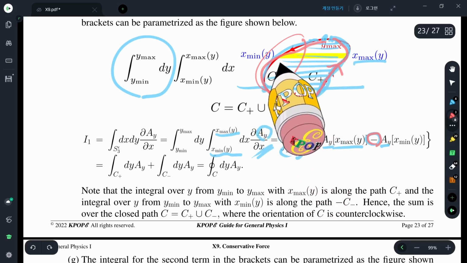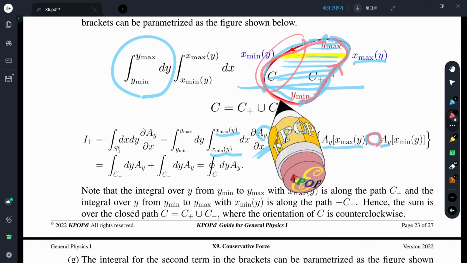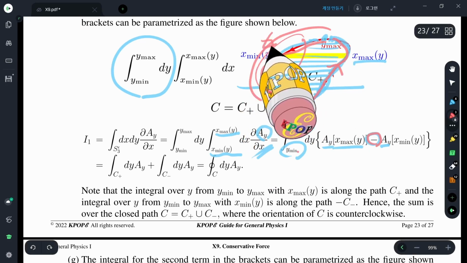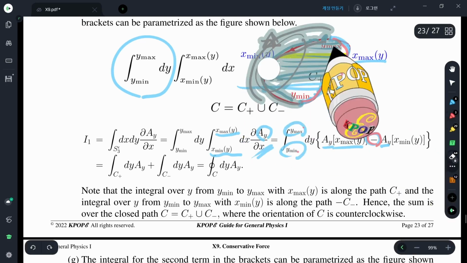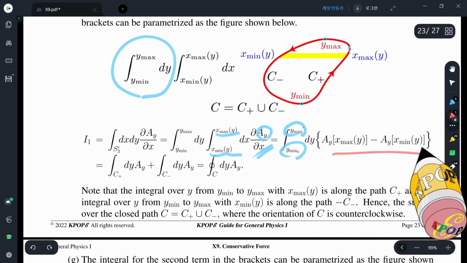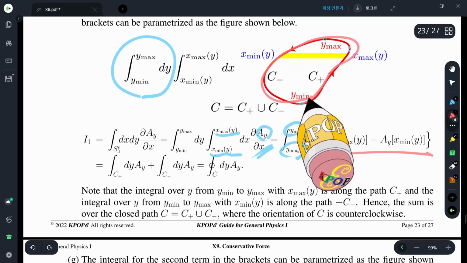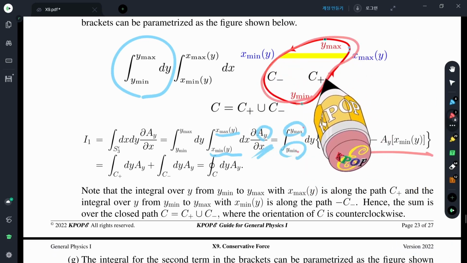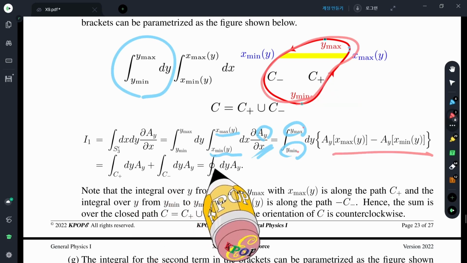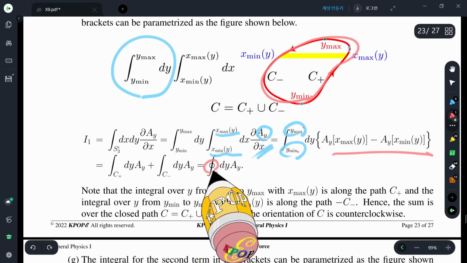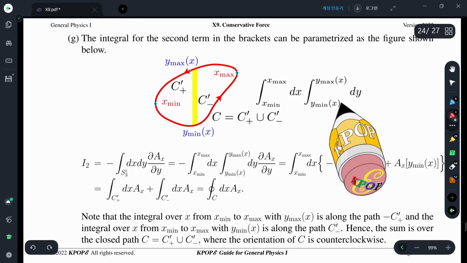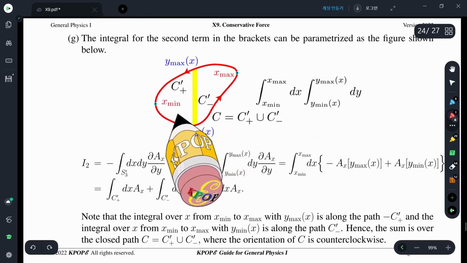That is the opposite direction of this, so minus from here to there means a plus from there to here, in this direction. Therefore, this difference is actually the sum. That is an integral over a closed curve C. In a similar manner, the other integral is also an integral over the closed curve.